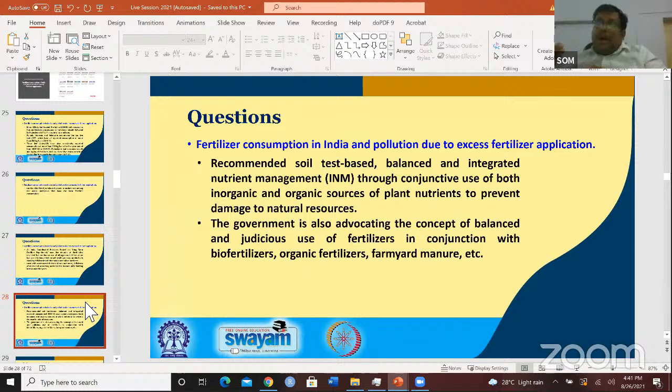But if you want to assess the organic carbon content of your soil without doing the time consuming wet chemistry tests, it is now possible. There are certain advanced and cheap alternatives available in soil science nowadays.